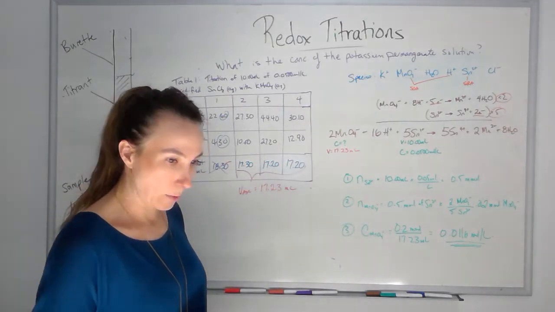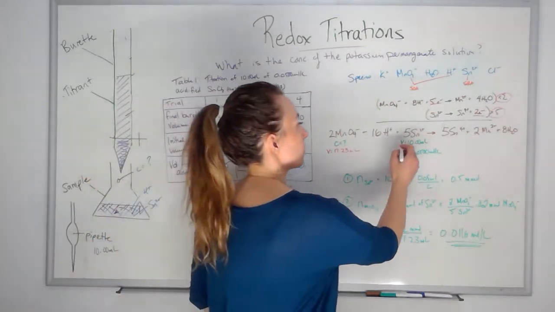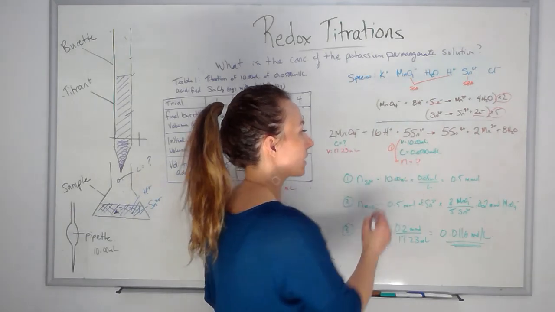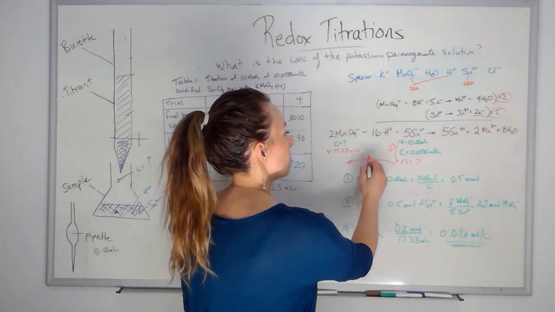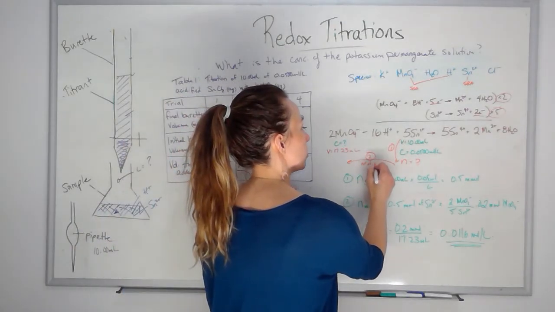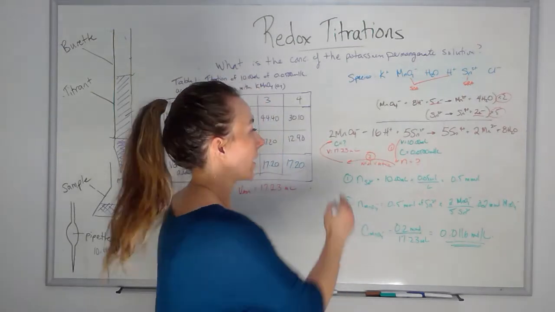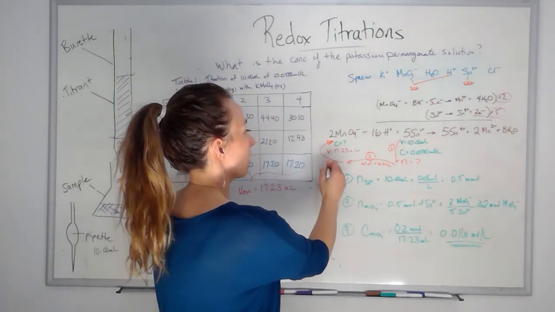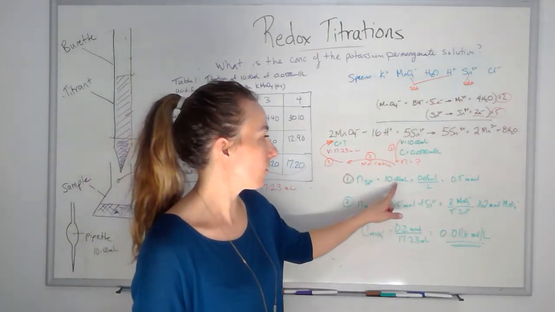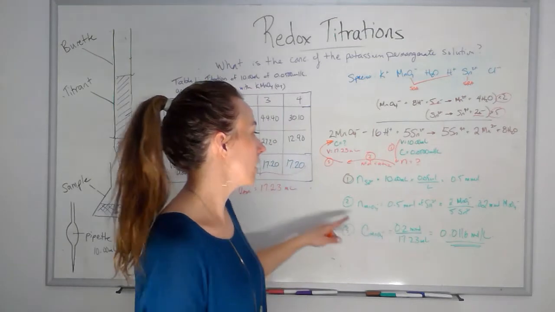So just like we did before, in order to do my stoichiometry, I'm going to first calculate the number of moles of this one. Then I'm going to use the mole ratio to cross the bridge and change the subject. And then I'm going to go up and calculate the question mark. So the first thing I do is calculate the tin 2+, so the volume and the concentration gives me 0.5 millimoles.